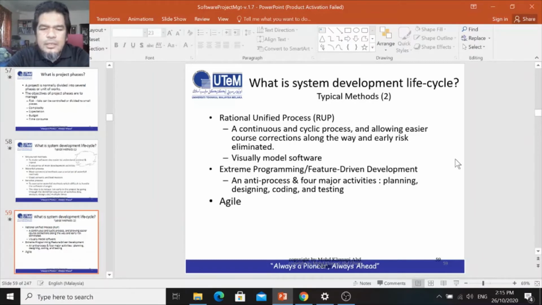So RUP is a good process, but you need to customize it for your needs. Nowadays extreme programming is very famous, and also agile. Extreme programming suits technical people who don't like thick documentation.